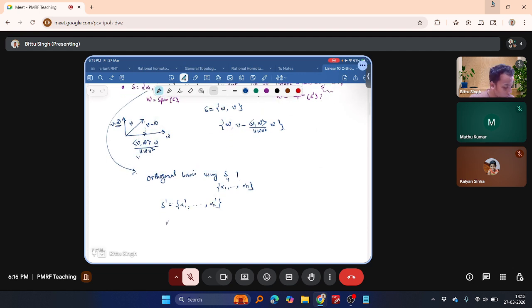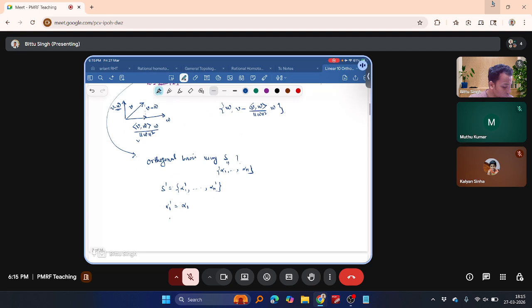I'll choose the first vector as the same alpha 1. Now for alpha 2, we subtract the projection of alpha 2 in the direction of alpha 1. The projection of alpha 2 in the direction of alpha 1 is given by this formula.